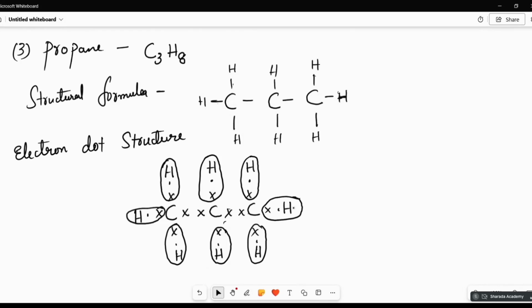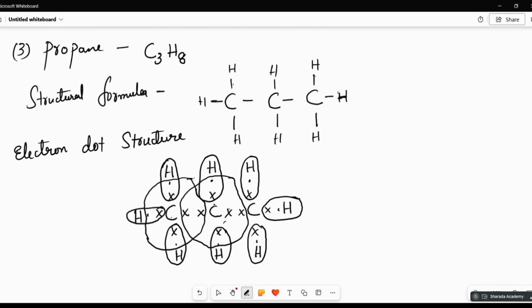And now for this carbon, how many electrons are involved? 2, 4, 6, 8.